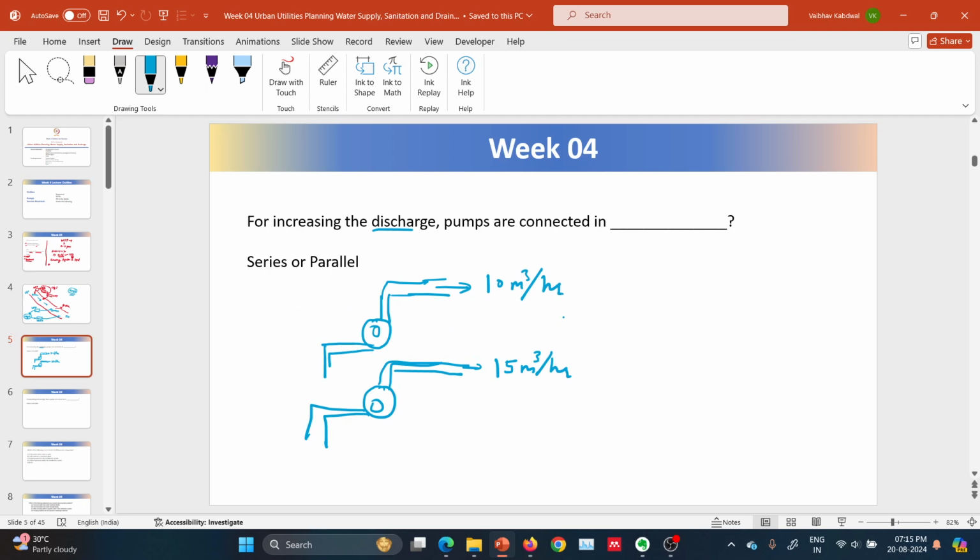So if I'm keeping them in parallel and these two pipes, the diagram will give you the idea. This is just a single pipe, so like this you can see.